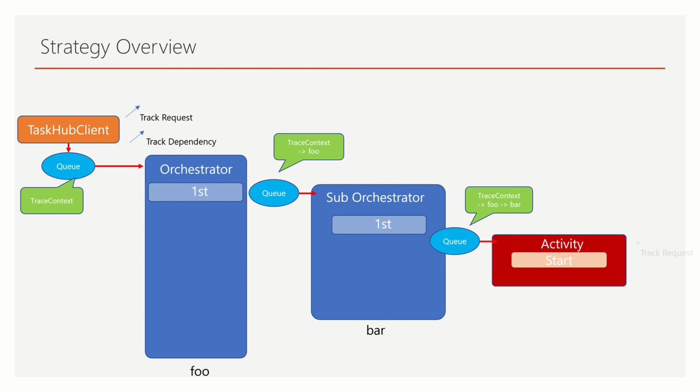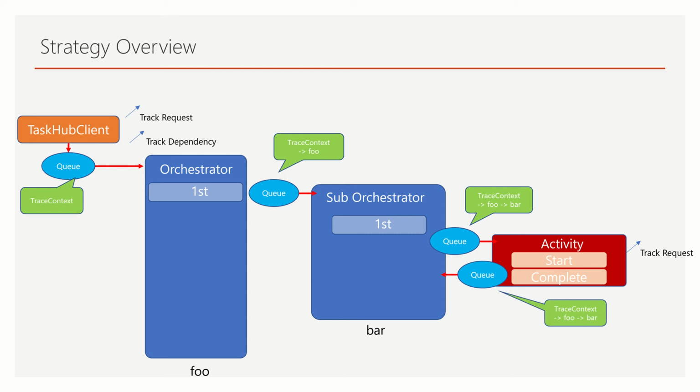The activity watches the worker queue, starts the function, and executes some logic. When the activity starts, we track the request telemetry, and when it completes, it sends a message back to the queue for the orchestrators. Then the sub orchestrator starts again.